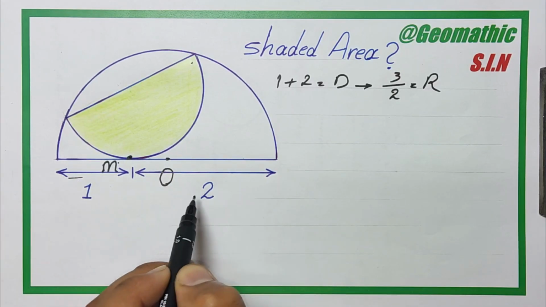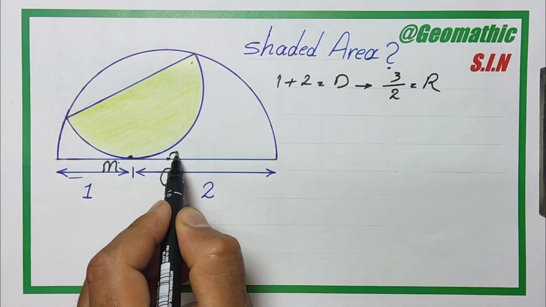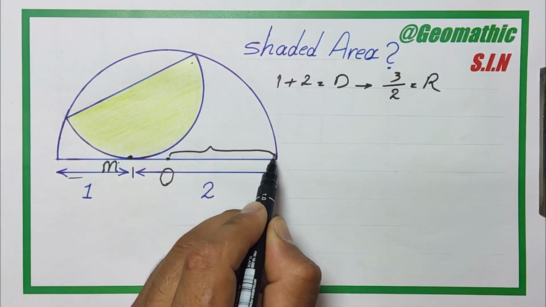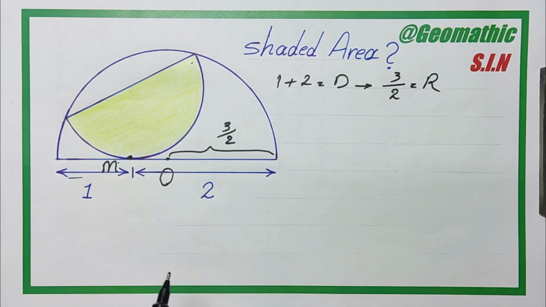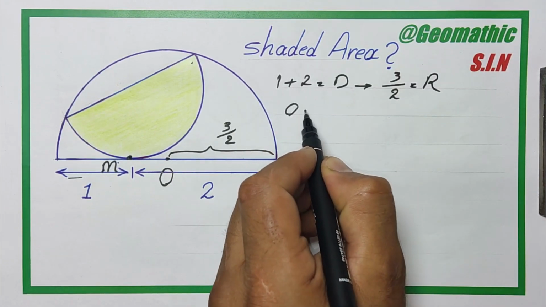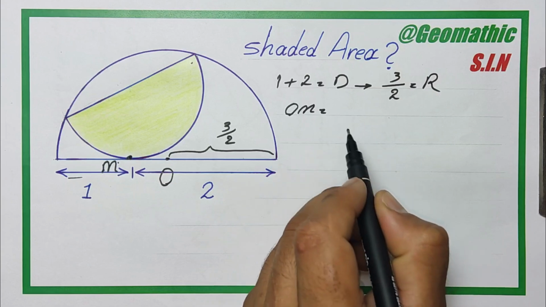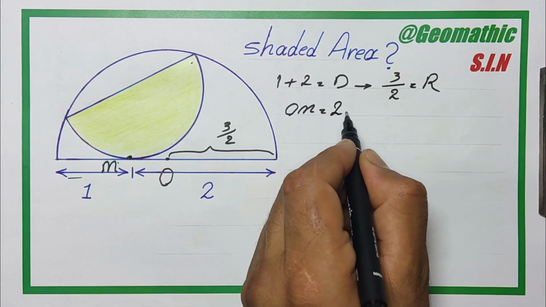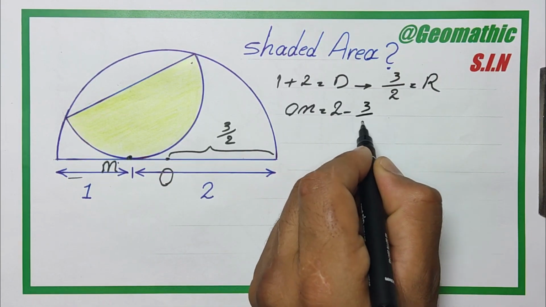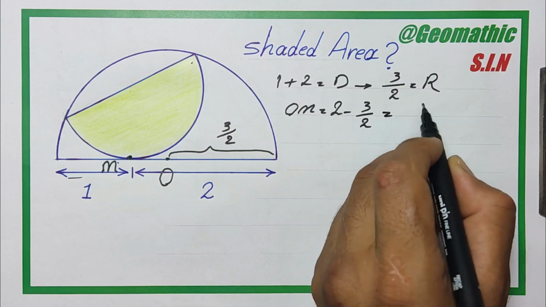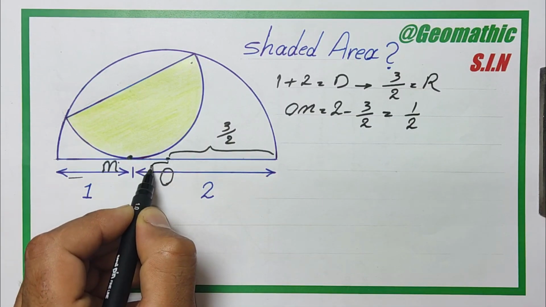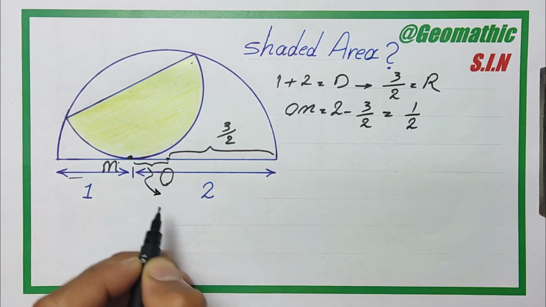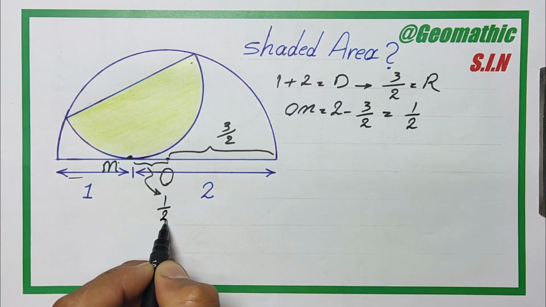We know this length is 2 and the radius of the larger semicircle equals 3 over 2. So OM equals 2 minus 3 over 2, which is equal to 1 over 2. So OM equals 1 over 2.